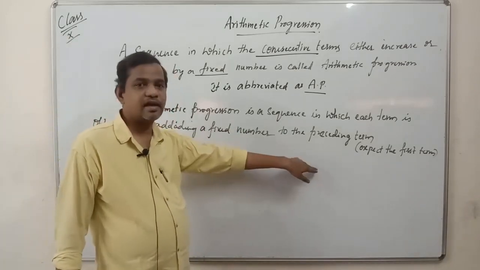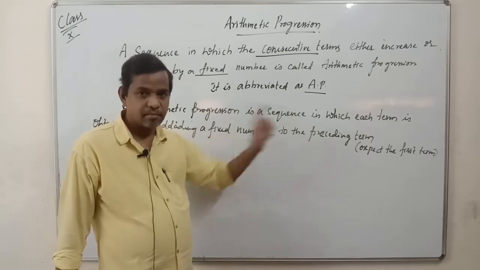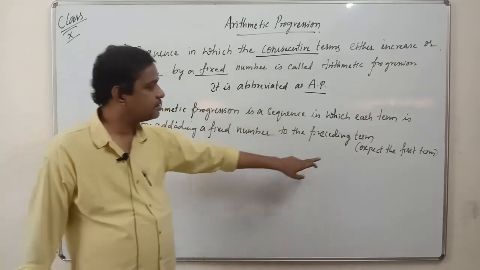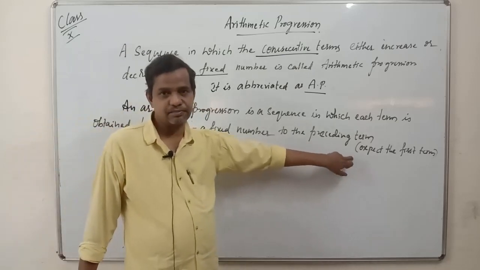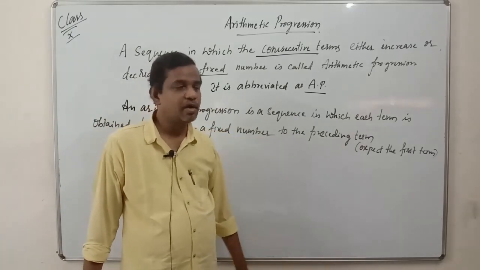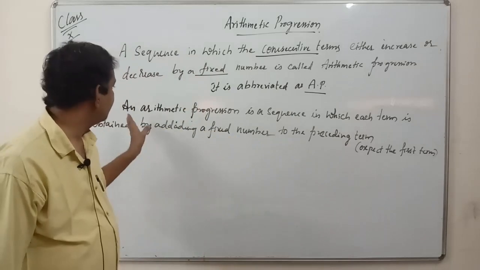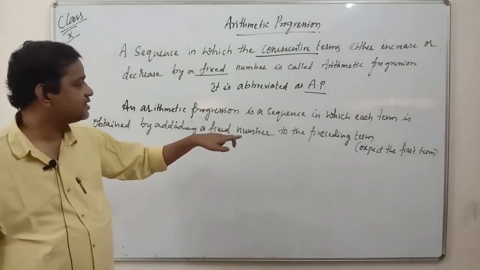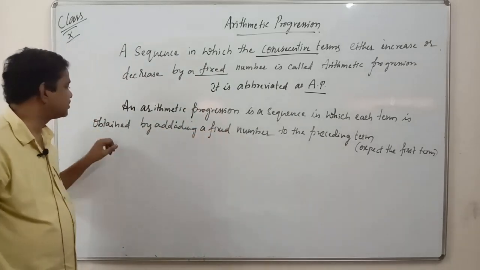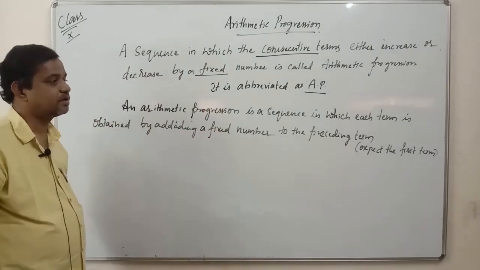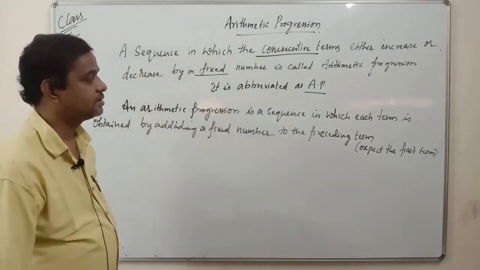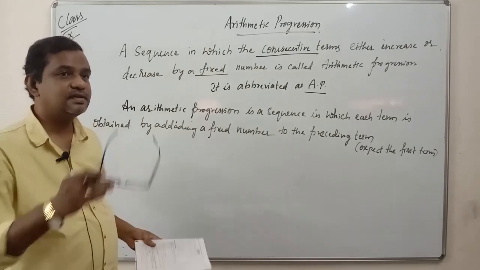The number should be added to the preceding number, but keep in mind that it should not be the first term. We will come to know why it is not the first term. So take the definition here: an arithmetic progression is a sequence in which each term is obtained by adding a fixed number to the preceding term except the first term.